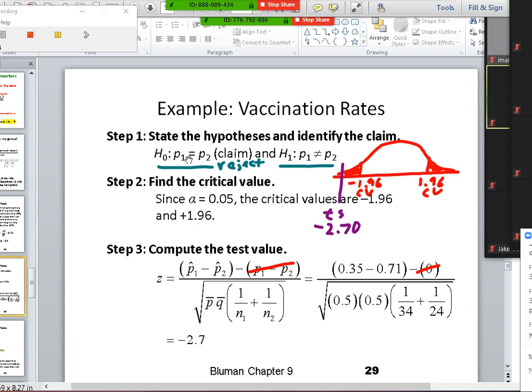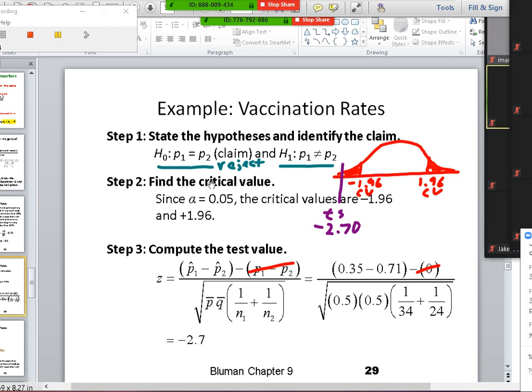I don't know those numbers. These are the things I don't know. These are the population proportions. I don't know the whole population. I know the samples, the p-hats. And I'm going to use those in the numbers down here. But this is my theory, my hypothesis about all of them. So this is not p-hat 1 and p-hat 2. This is P1 and P2, which I don't know.